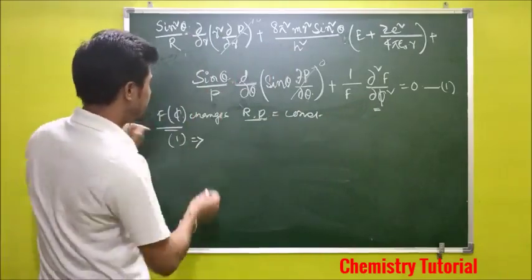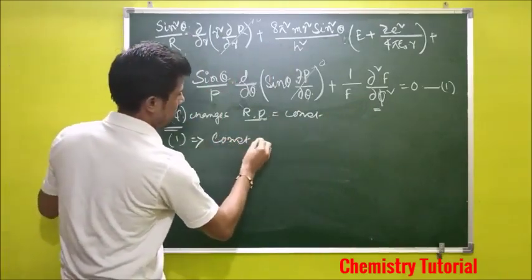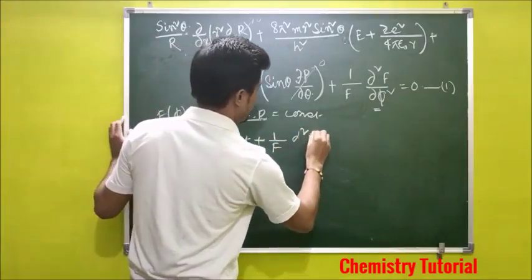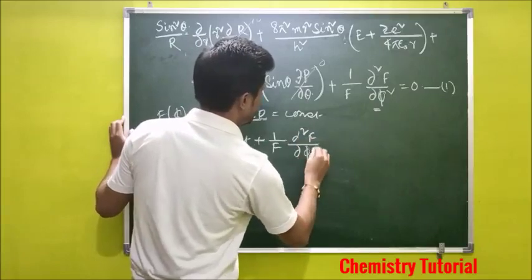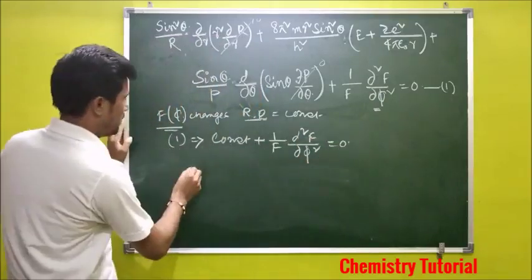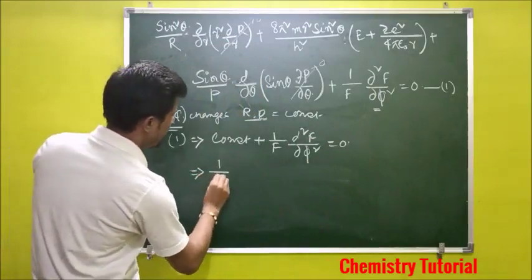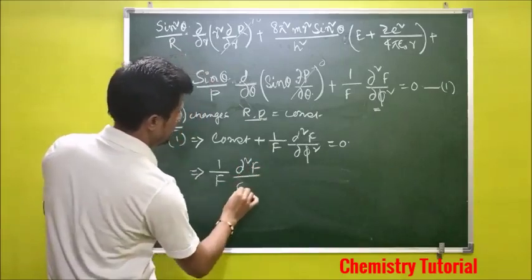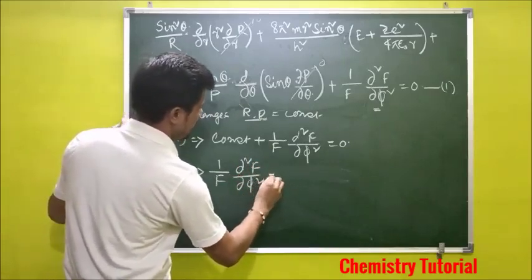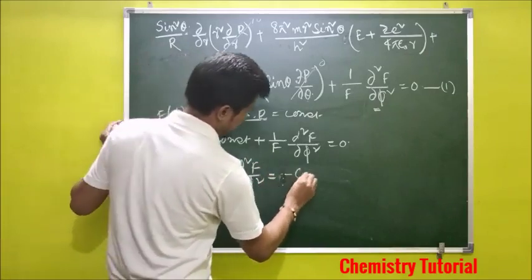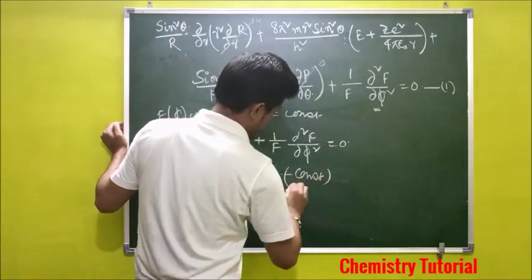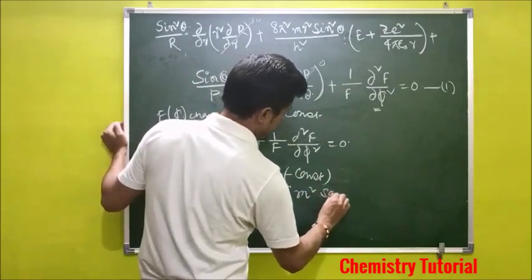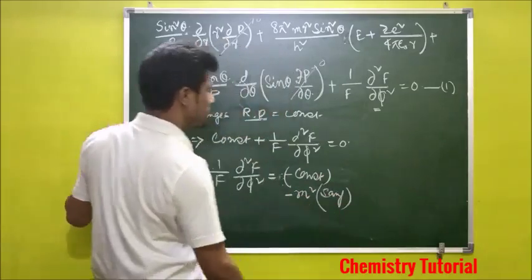this constant plus 1 by F d square F by d phi square equal to 0. So we can write 1 by F d square F by d phi square equal to minus of the constant. Suppose this constant is say m square, okay, minus of m square.